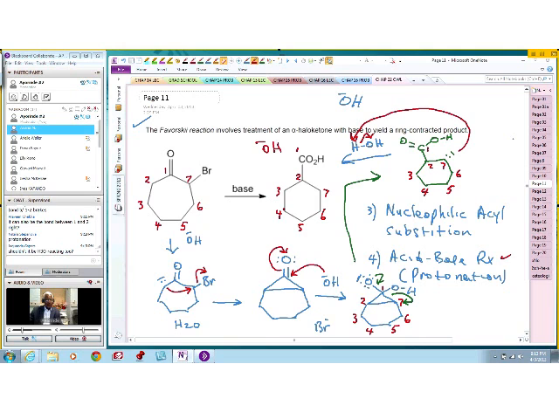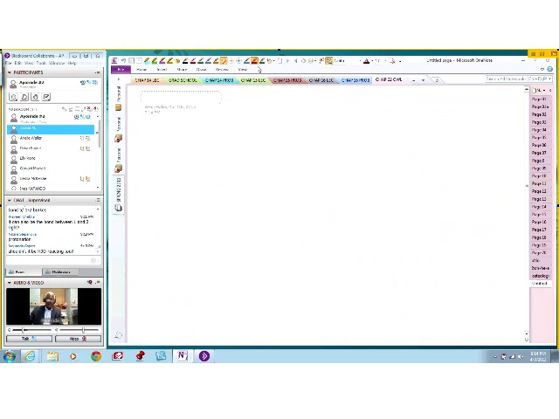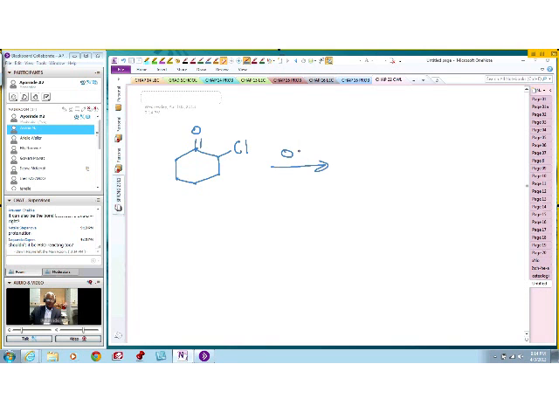This reaction is so common and so simple, and also very predictable, that supposing I give you this: anytime you have an alpha halo ketone, a cyclic ketone, let us say we have chlorine here, and I do this with hydroxide, and I say, what is the product?